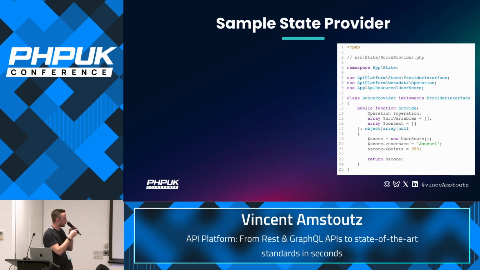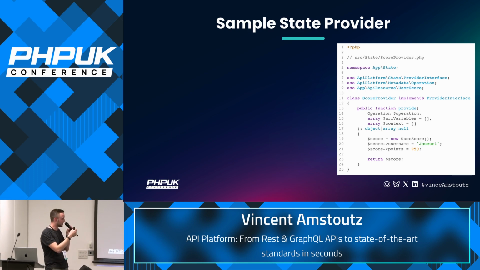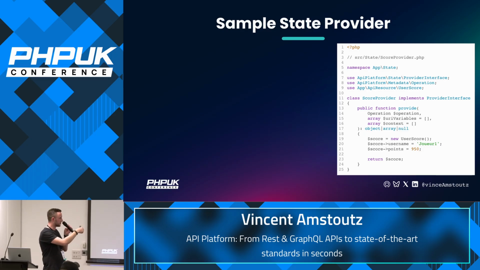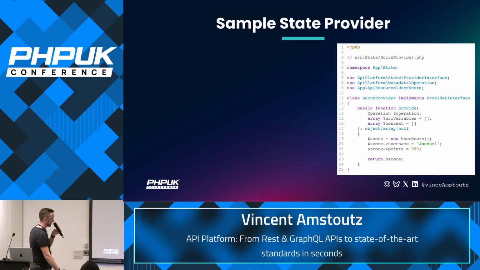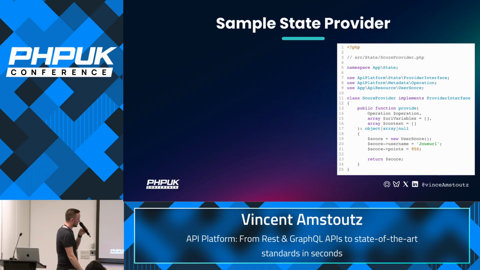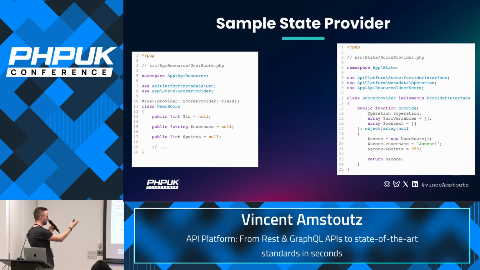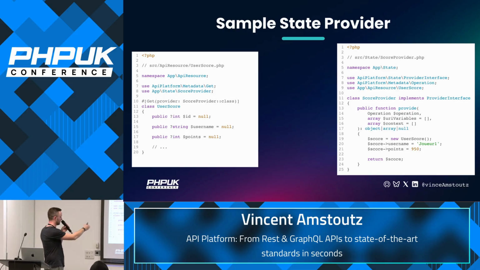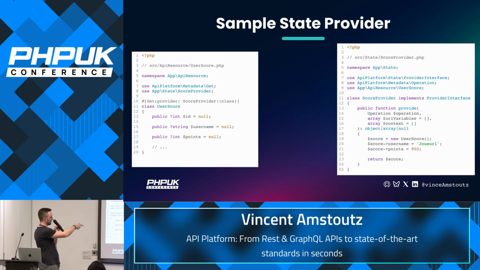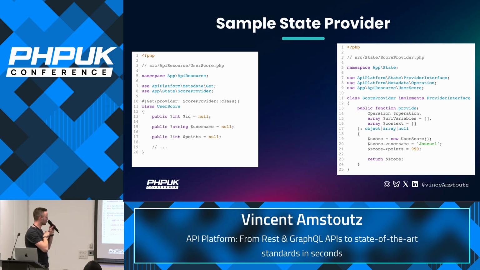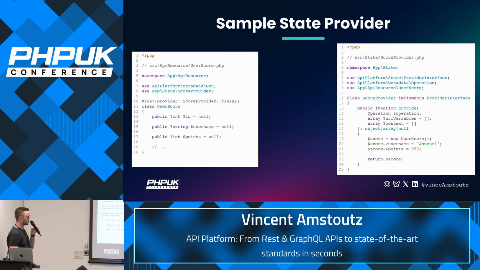With this, we must implement a provide method, and then here we can read a CSV file or a fake object like that that we are creating, and then we can plug this provider on a get operation. For example, here it's our get user score endpoint, and API Platform is able to serve this data with that.